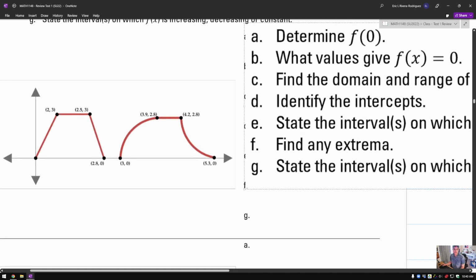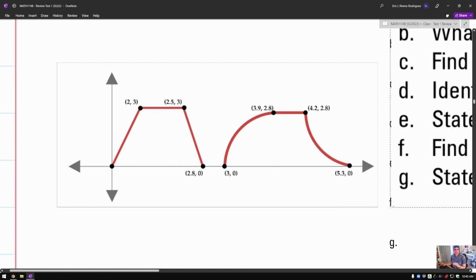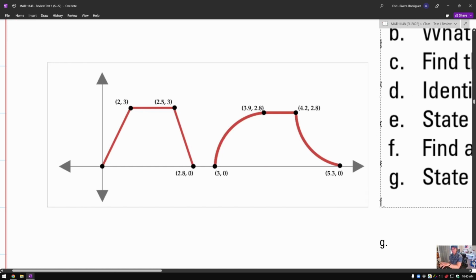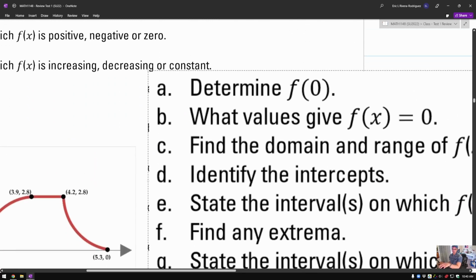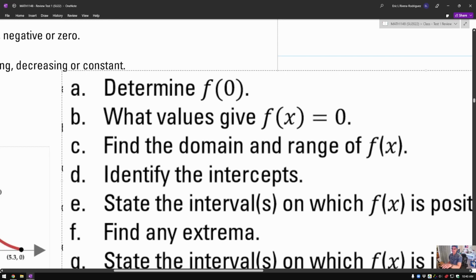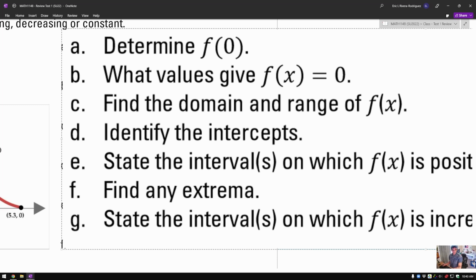So in this exercise, let's focus on the graph first. I'm going to give you the graph. Then I want you to go and answer all of these questions or identify what each statement here is asking for. Okay? Determine the value of f of 0 based on the graph.